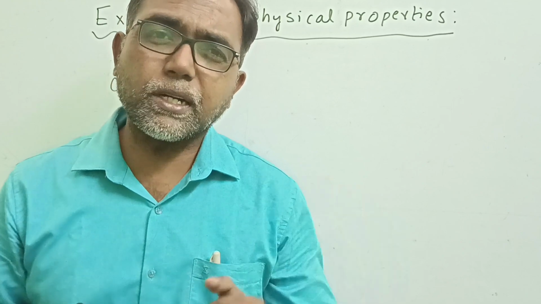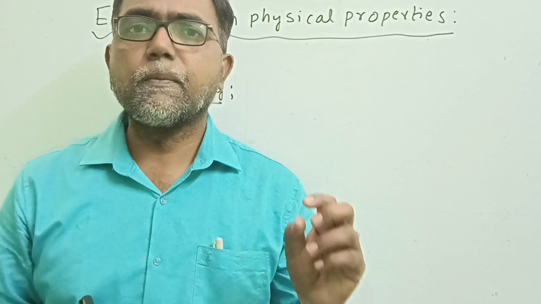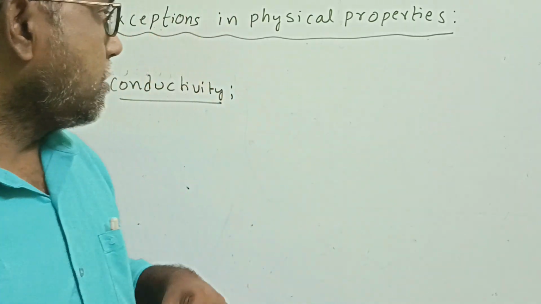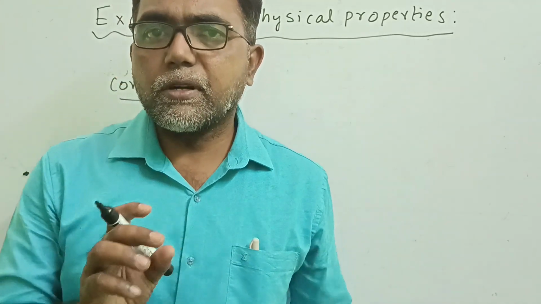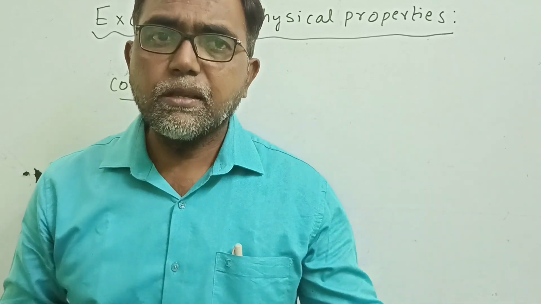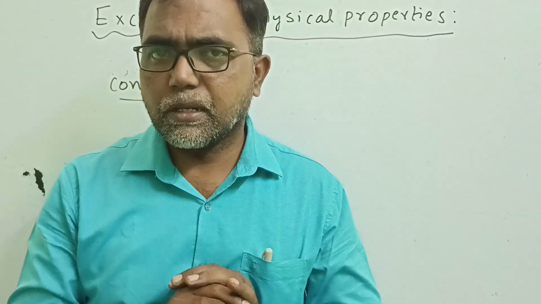And poor conductor example: lead and mercury. These metals are poor conductors of heat and electricity. And non-metals are bad conductors. We are not using the word poor conductor here. Non-metals are bad conductors of electricity, meaning they do not allow the current to pass through.